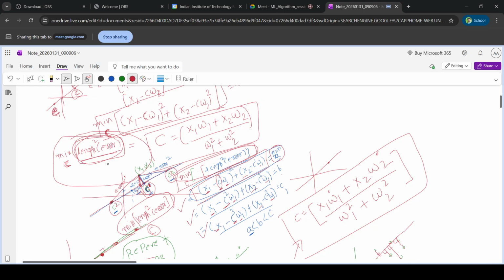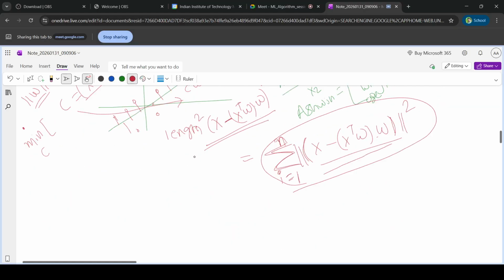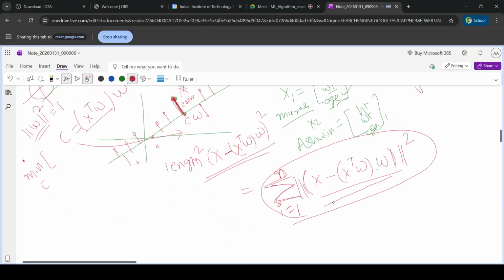In the same way here, you are trying to find the minimum over w, the w which gives the minimum of this.